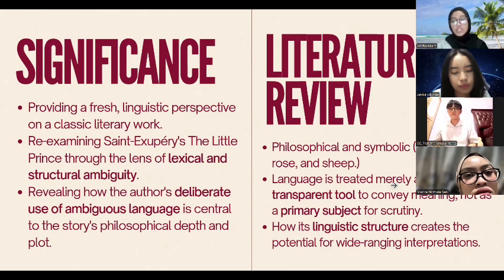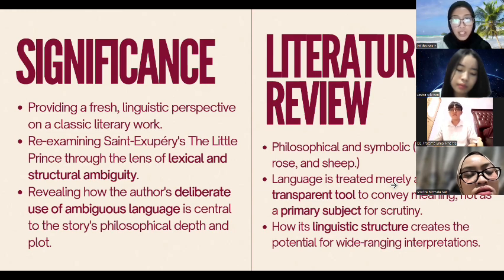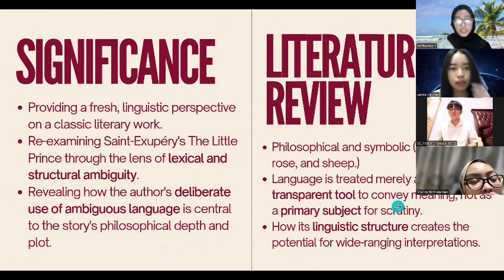Then language is treated merely as a transparent tool to convey meaning, not as a primary subject for scrutiny. And the last is the study questions not just the text's meaning, but how its linguistic structure creates the potential for wide-ranging interpretation. Okay, the next slide will be explained by my friend.